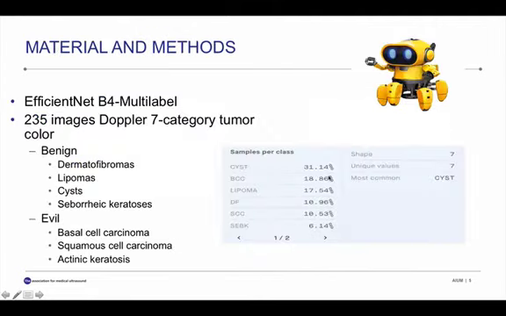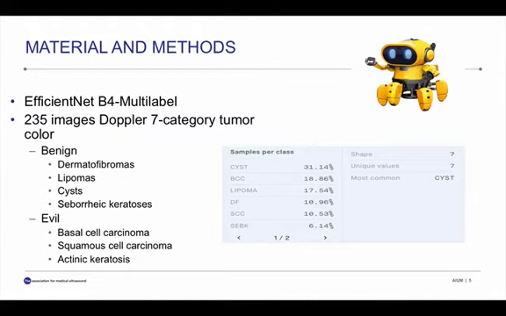We trained a pre-trained neural network called EfficientNet B4 in multi-label mode. This EfficientNet had been previously trained with a big amount of images, what we call ImageNet.